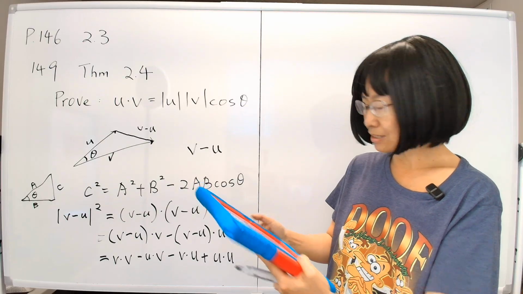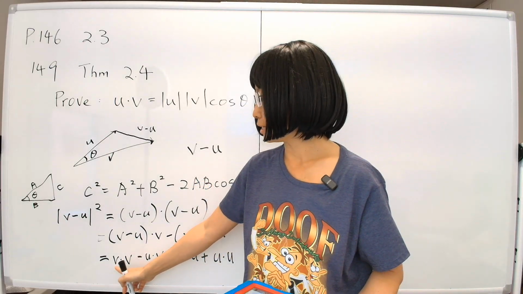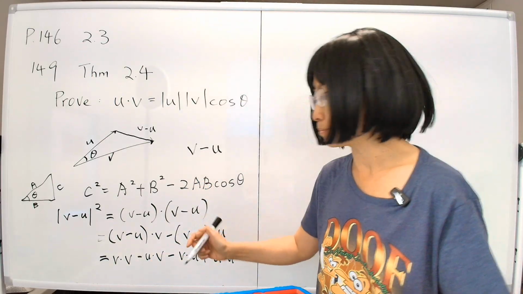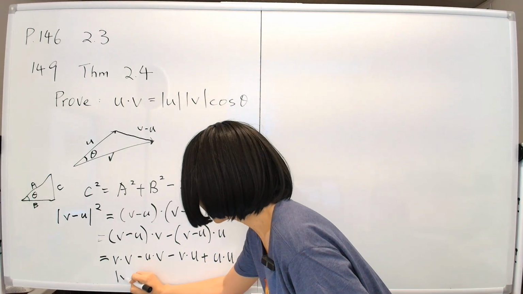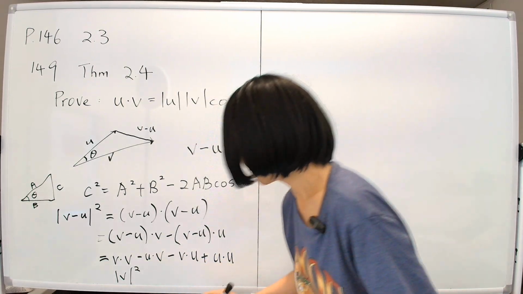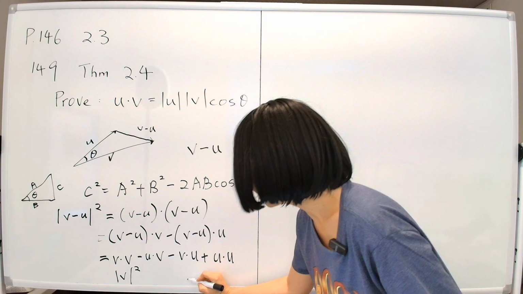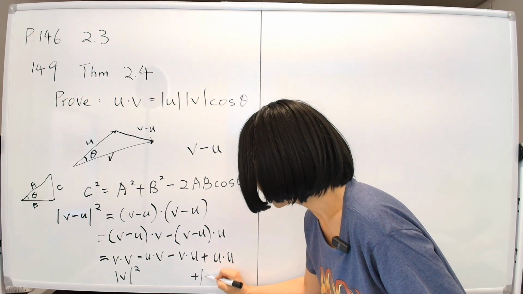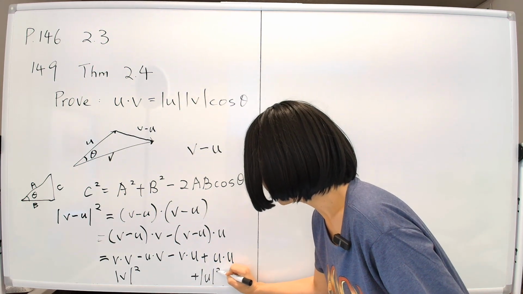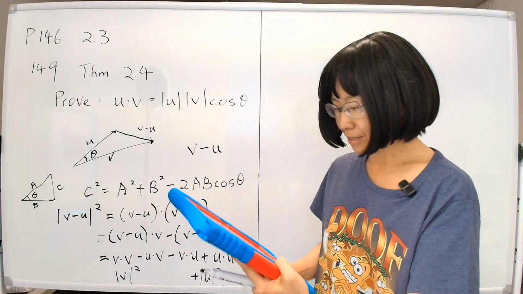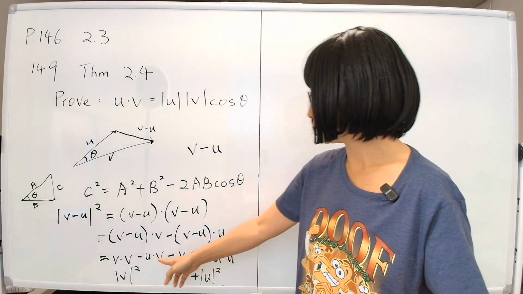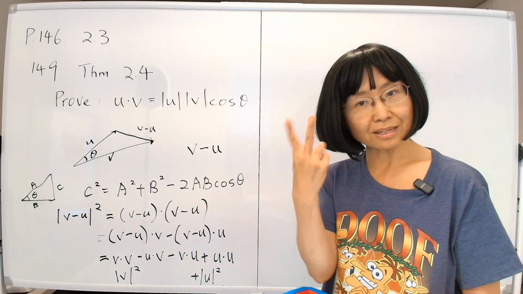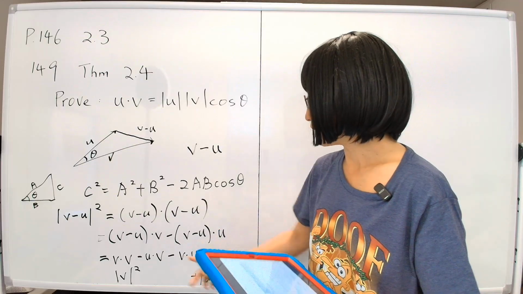And then eventually we remember that a vector dotted with itself is the same as the magnitude squared. So we're going to do that. So this is v squared, and it's the same over here, right? u dot u is the same as the magnitude of u squared. And then what's that stuff in the middle? Well, u dot v is the same as v dot u, so we have two of these things.